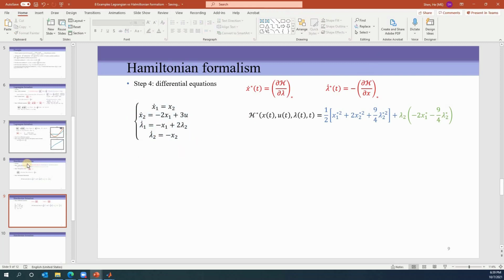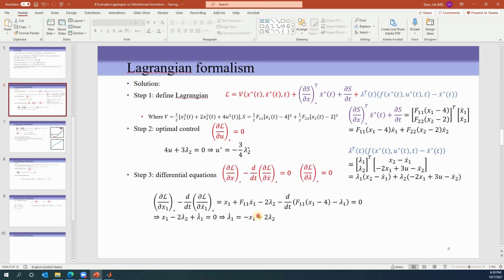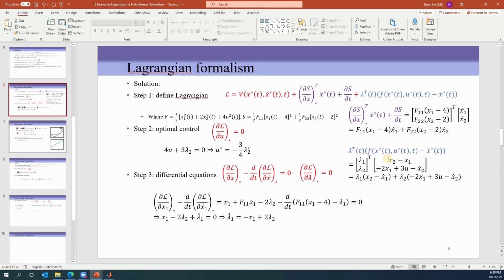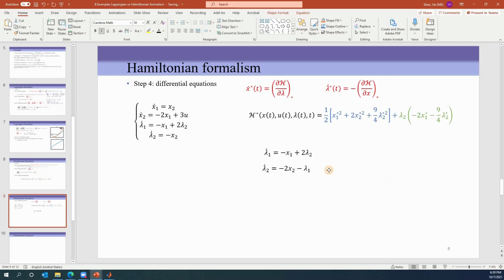Let's compare the equations with what we got from the Lagrangian formalism. In the Lagrangian formalism, we got lambda 1 dot equal to that, and also lambda 2 dot equal to that.